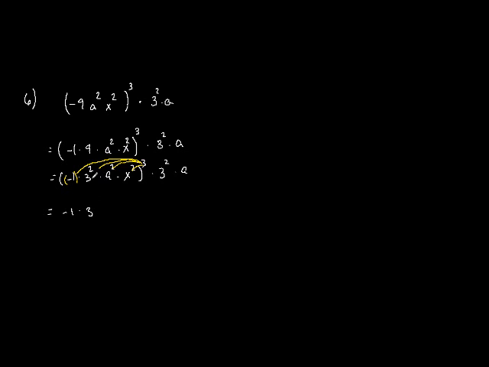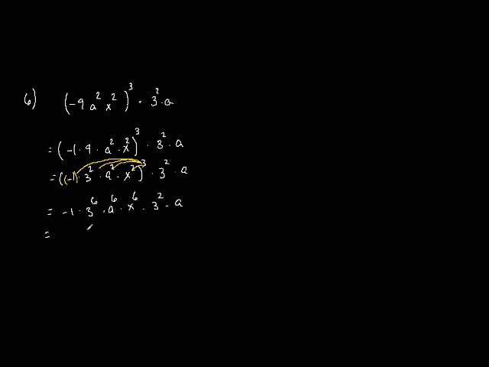Now I'm using the power to a power rule, and when I have a power to a power, I multiply the exponents. So 3 to the power of 6 times a to the 6 times x to the 6. Now I have no more need for brackets, I don't write them, times 3 squared times a.